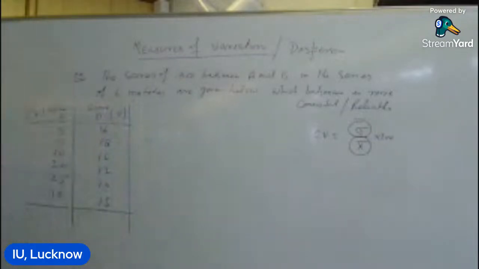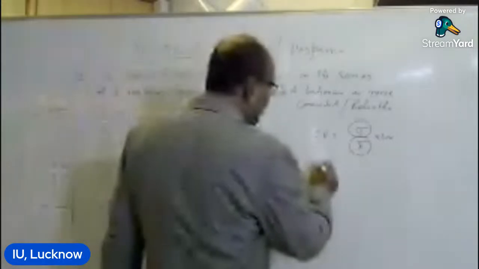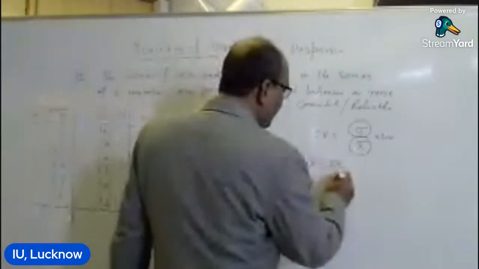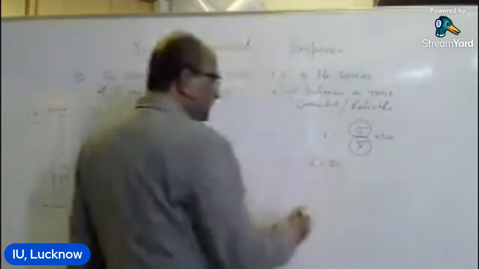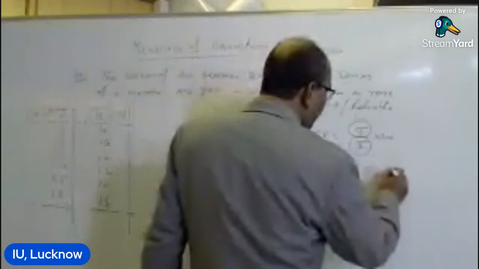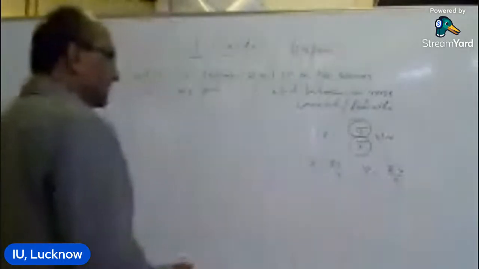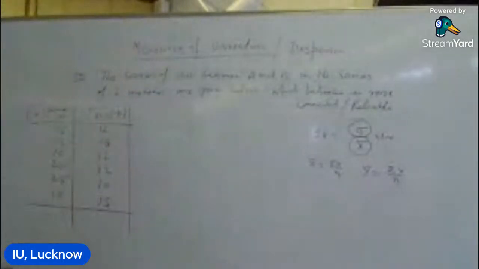The mean of X, X bar, is summation X divided by n, and for the other player, the mean of Y is summation Y divided by n. Similarly, we will get the standard deviation for each batsman.